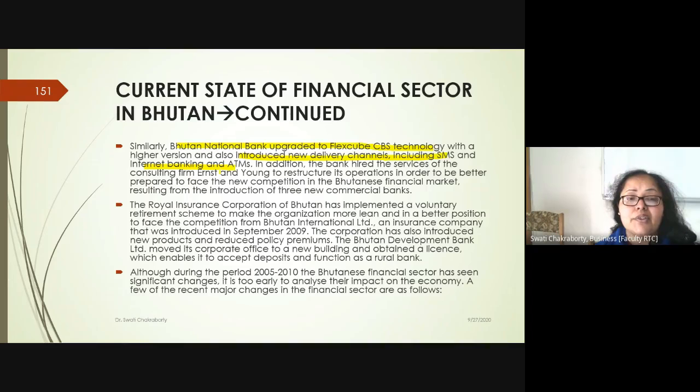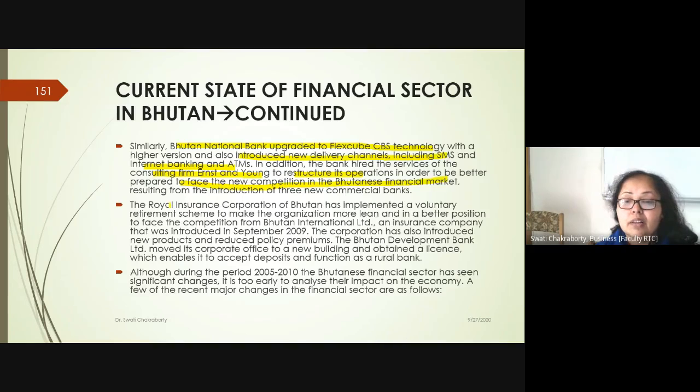It hired the services of the consulting firm Ernst and Young to help in restructuring their operations, so that they are able to face the new competition in the Bhutanese financial market in a better way, right? Which has resulted with the introduction of three new commercial banks that came up, right?